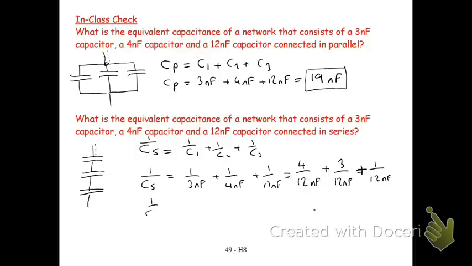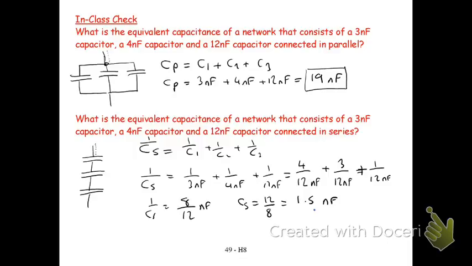So 1 over C series is equal to 4, 5, 6, 7, 8. 8 over 12 nanofarads. So flip it over, and we're going to get C series is equal to 12 over 8, which equals 1.5 nanofarads.